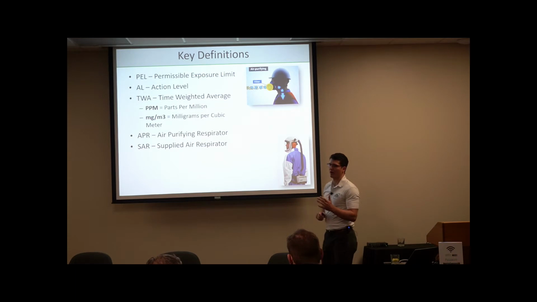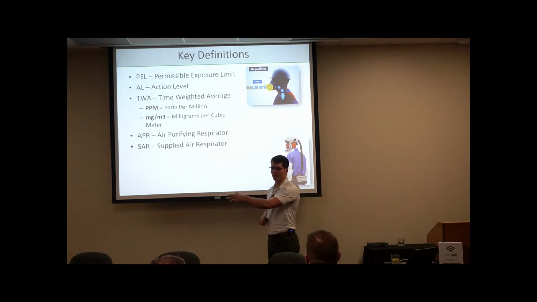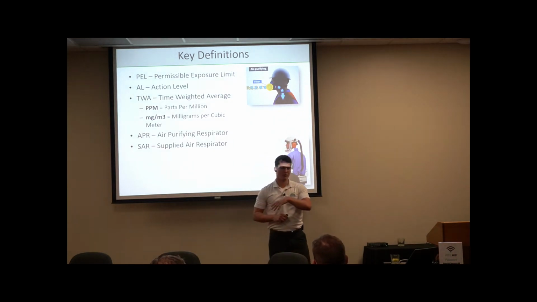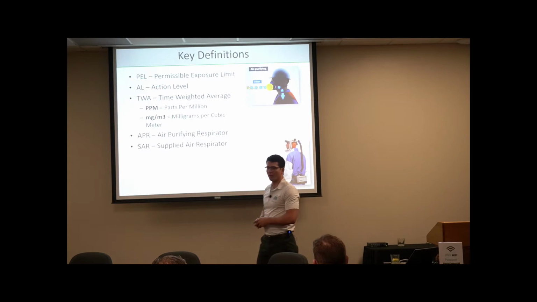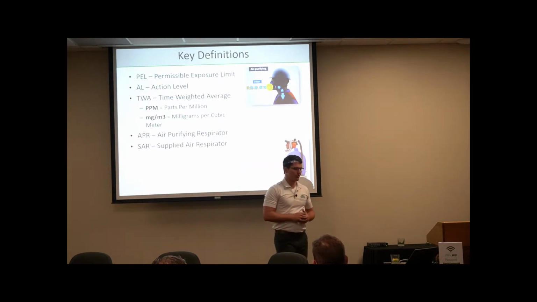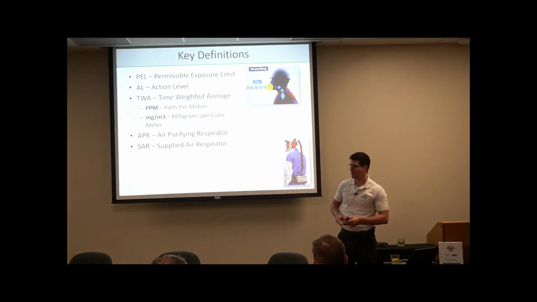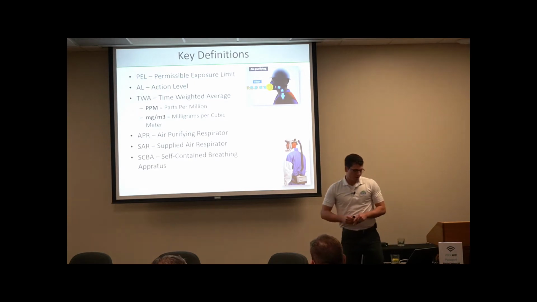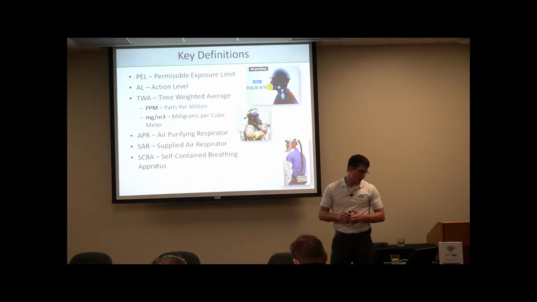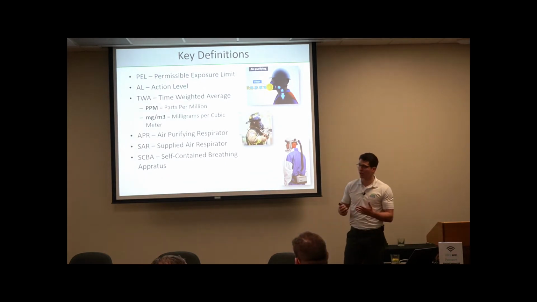And then you have supplied air from a supplied air line that you have in the facility, which has certain requirements to it. You quick connect to an air valve, and you would have air supplied to your breathing zone that way. But that's a little bit more tricky because now you have this tripping hazard as you're walking around trying to do your thing. And then finally, you have your self-contained breathing apparatus, or SCBA, self-contained breathing apparatus.